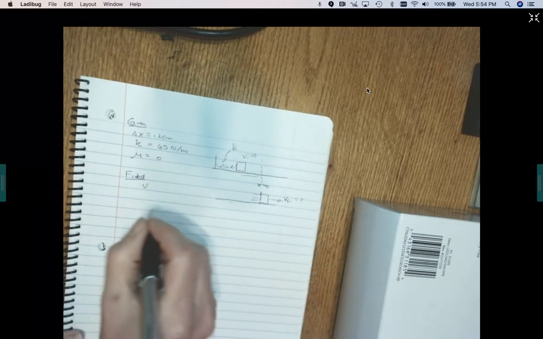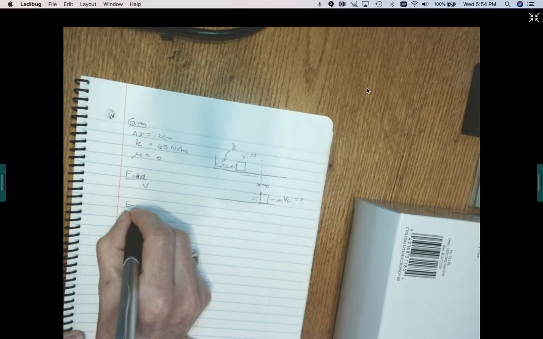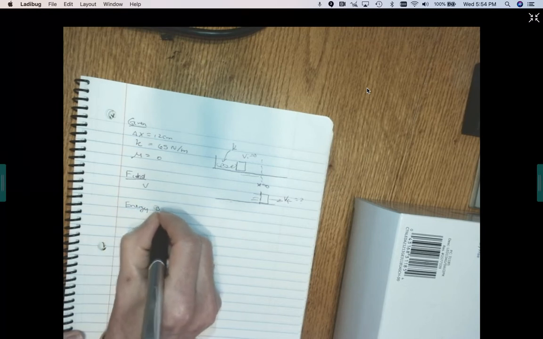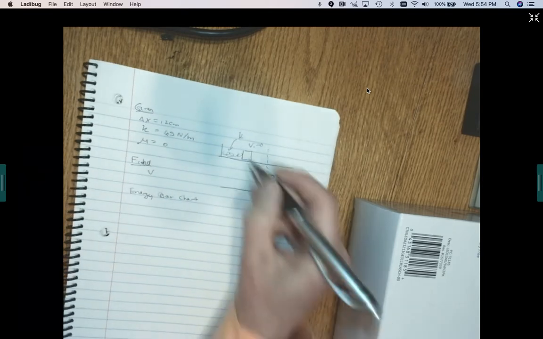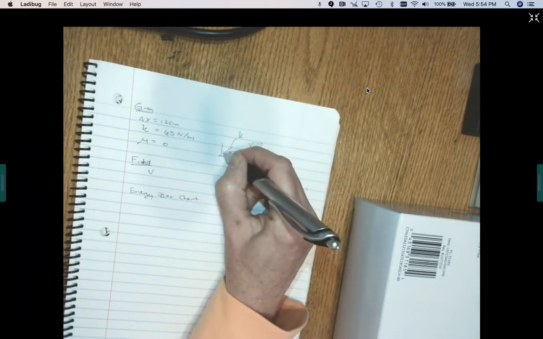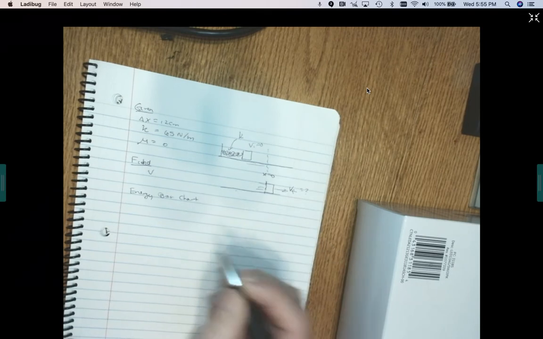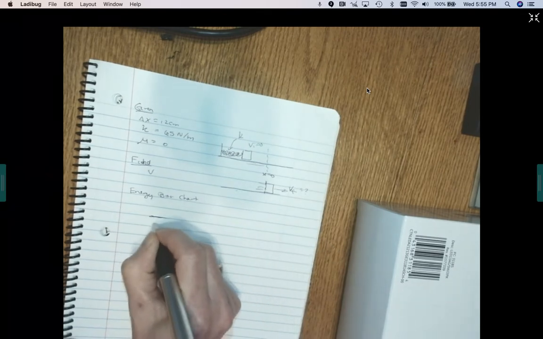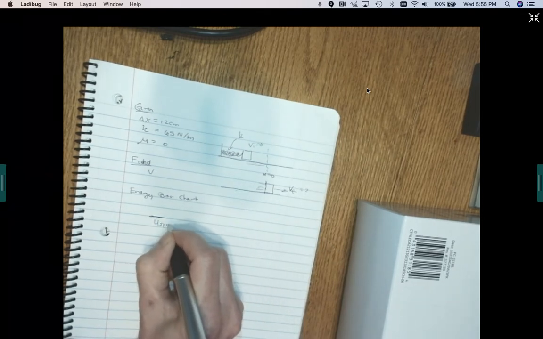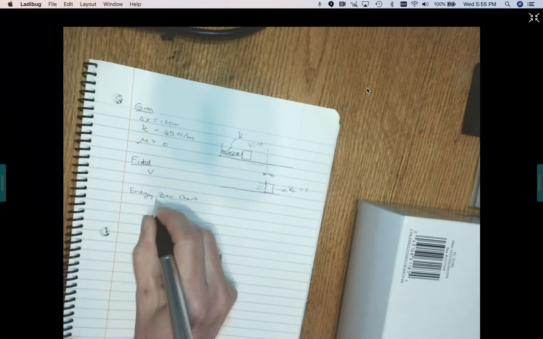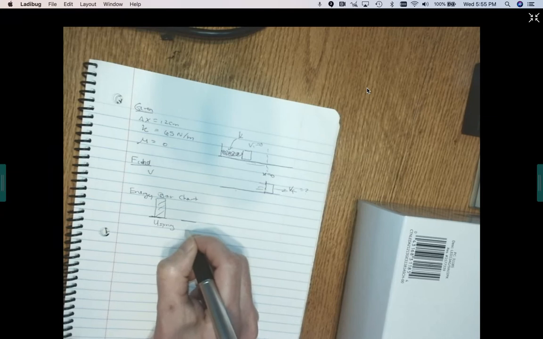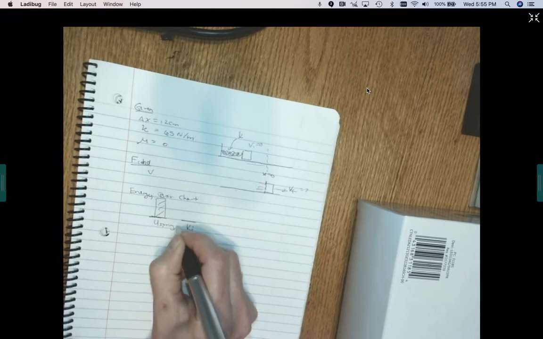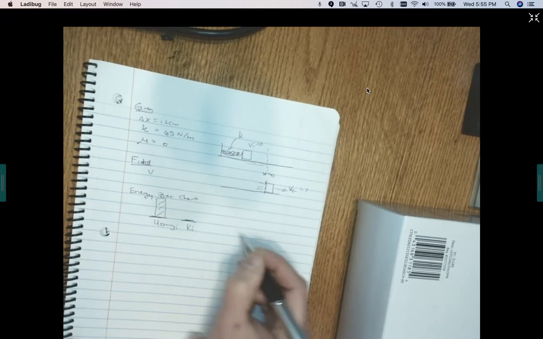So let's do an energy bar chart. If I look at the energies involved, I have some of the energy compressed in the spring. So I'm going to start with some potential energy in the spring. It's not moving initially, so our kinetic energy initially is just 0.